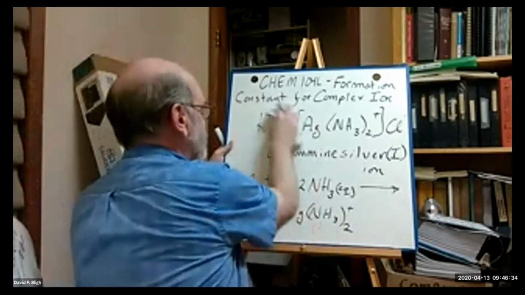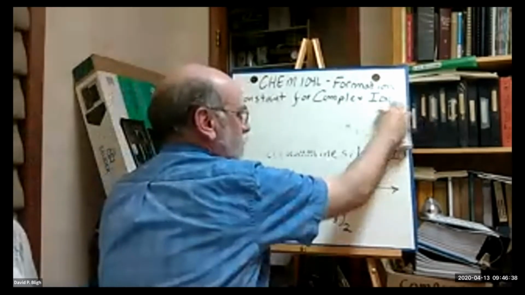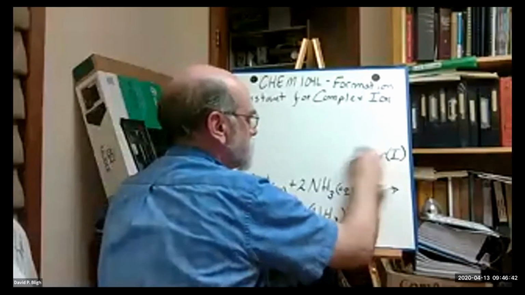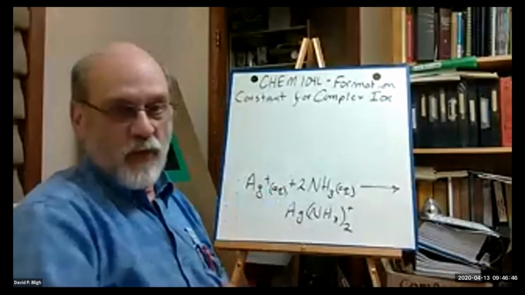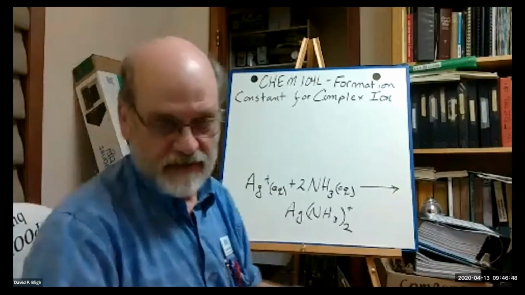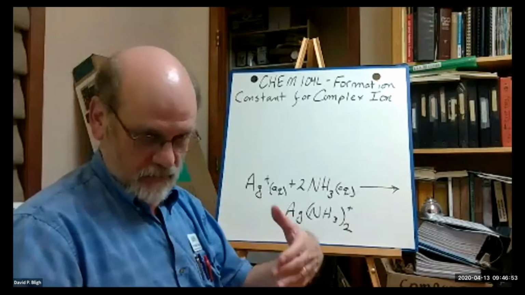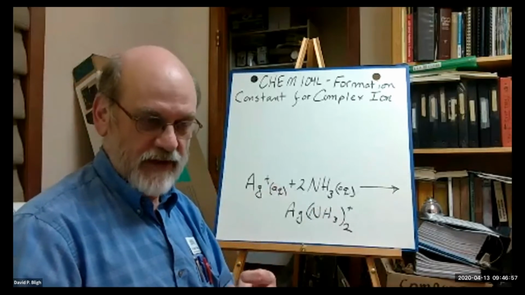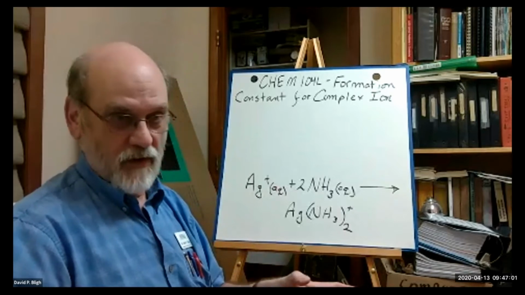All right? So if you haven't guessed already, this whole process is an equilibrium process. Remember, if you thought that when I introduced equilibrium early in the semester that that was going to be the end of it, well, you guessed wrong.